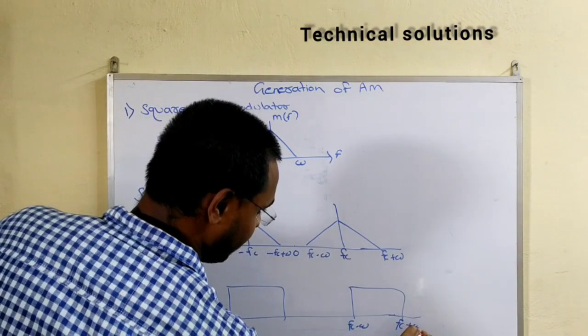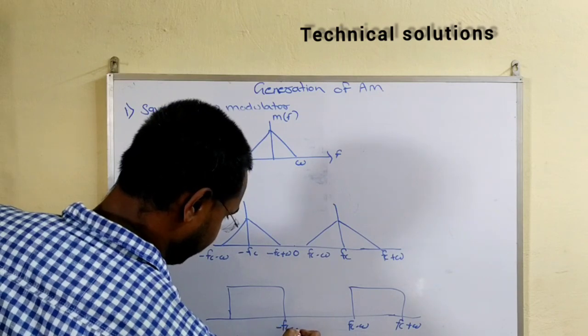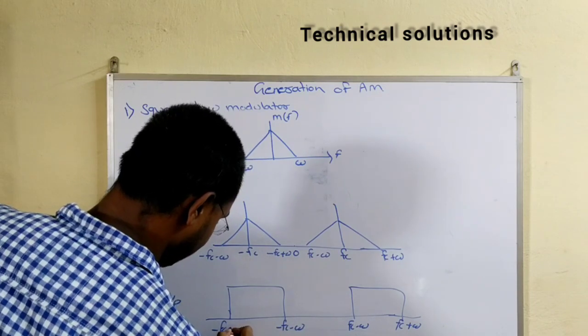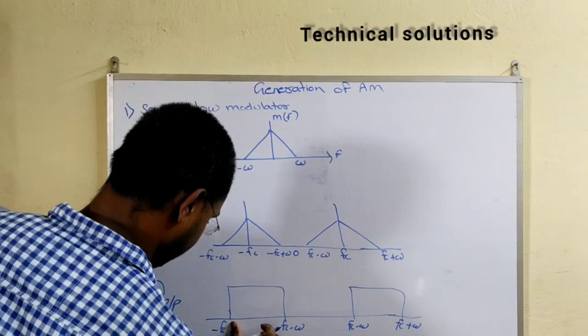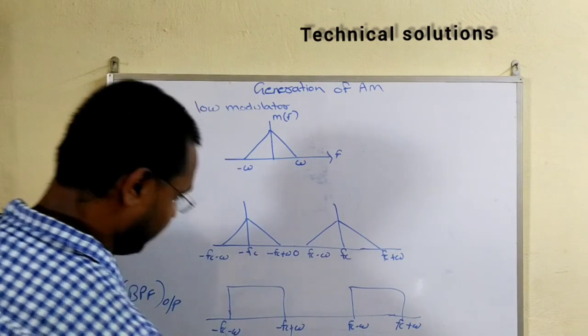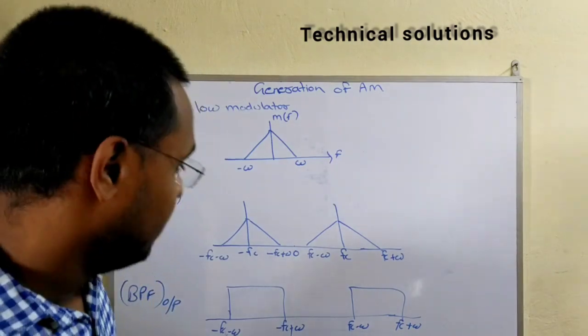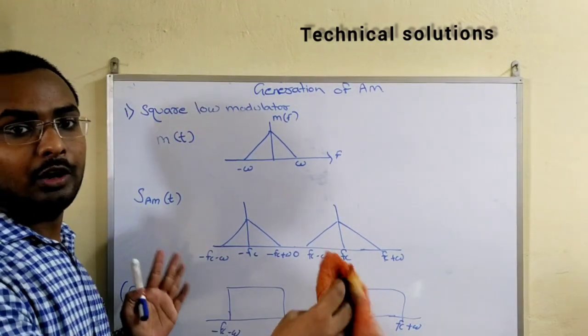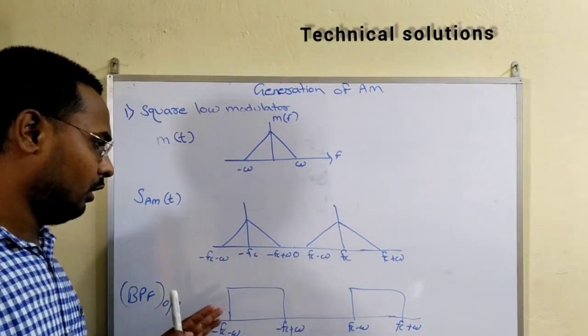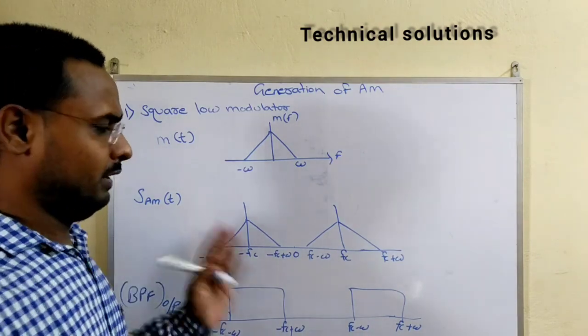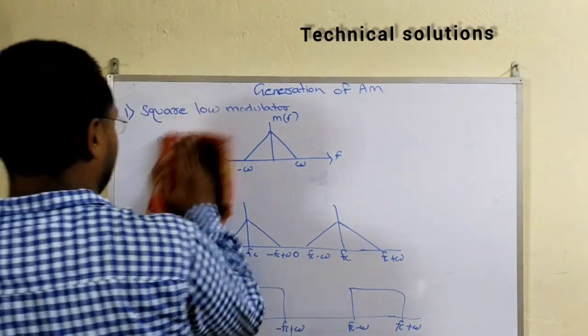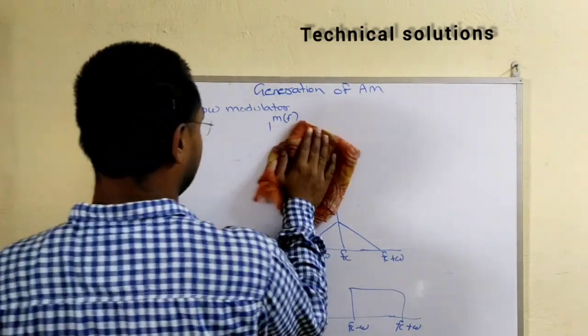This is FC plus omega. This is minus FC minus omega. Okay, sorry, this is minus FC minus omega. This is minus FC plus omega. We apply the band pass filter to remove the unwanted or undesired signal which is coming from the transmitting or in the channel.